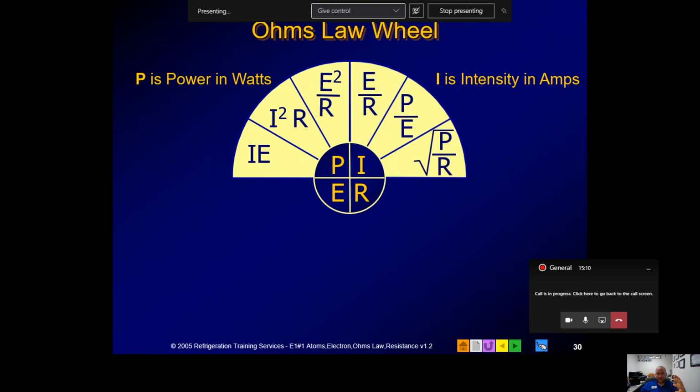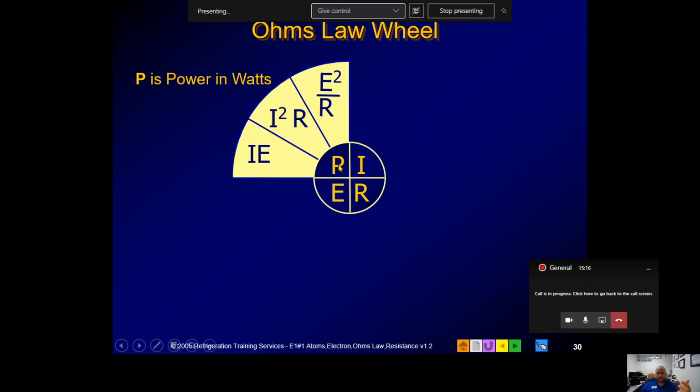For example, if I'm trying to find power, and I know two of the other values, I can find it.